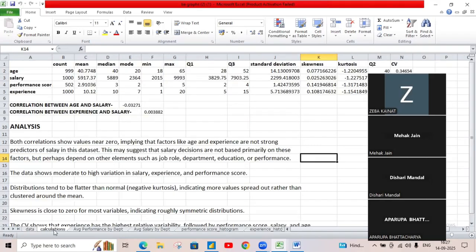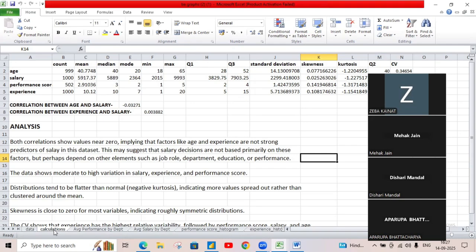So in this calculation sheet, we see statistical summaries. The average age of employees is 40.8 years with a range from 18 to 65 years. The average salary is 5,917 with most salaries falling between 3,830 and 7,903.